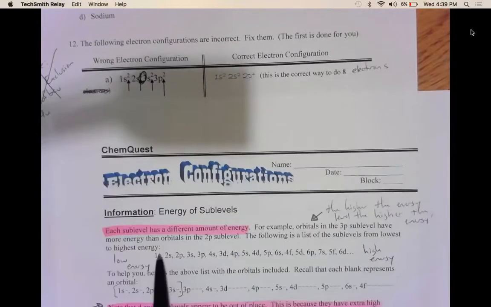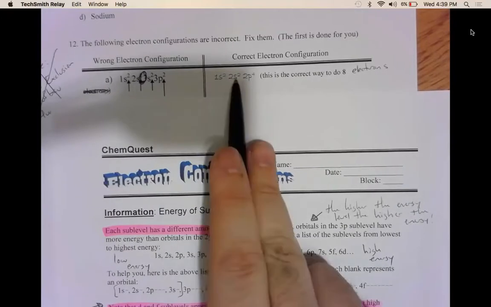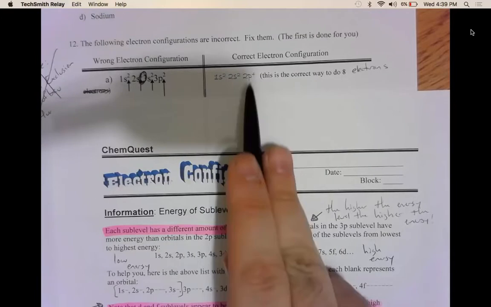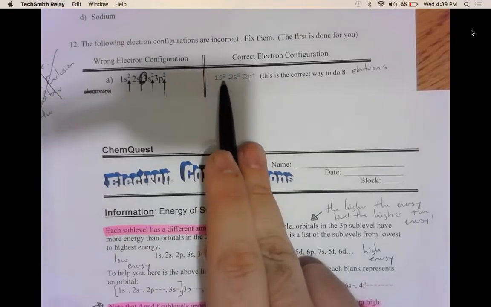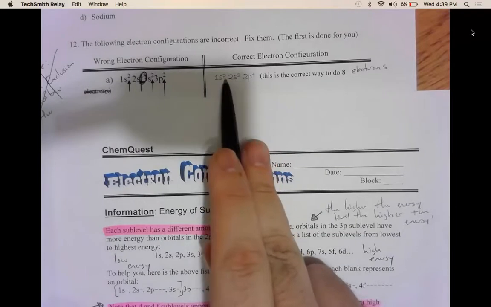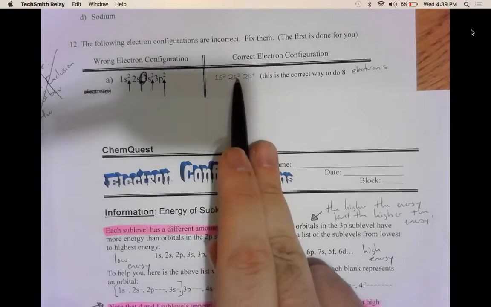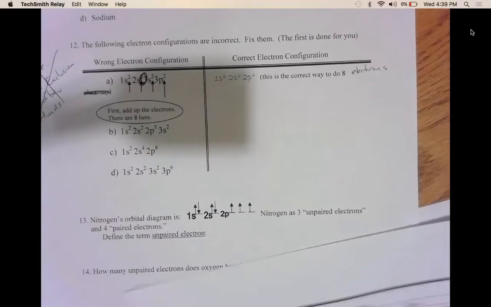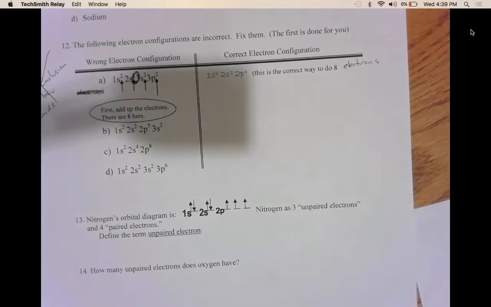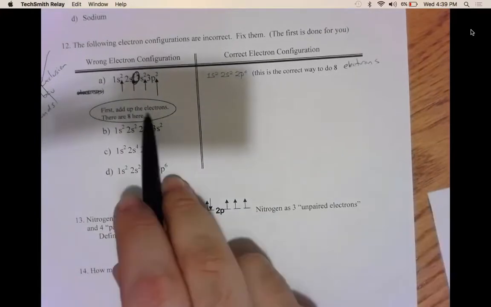Remember, s orbitals can hold 2 electrons, so that's why we go 2 in the 1s, and then 2 in the 2s. And then lastly, we would have 4 left over, so we put 4 in the p orbital. So I would like you guys to do the same thing for 12A, B, C, and D.